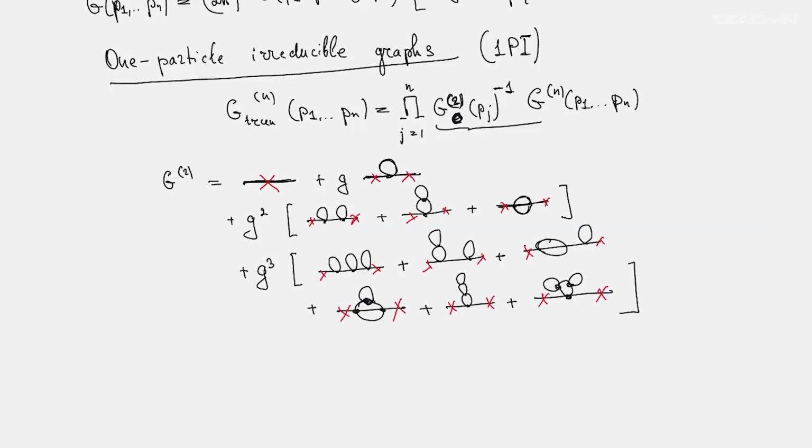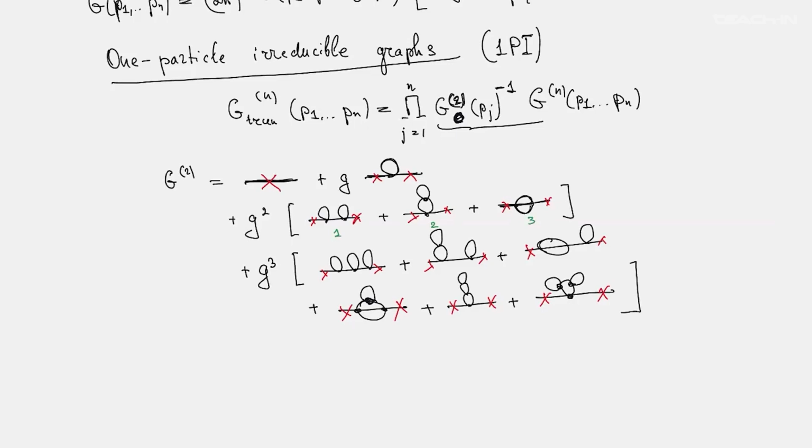But what you see, for instance, is that there is a difference between the first graph and the second and third. In the first graph, I have an internal line, this line here, which I can cut and make my graph disconnected. Then it becomes a sum of 2 disconnected pieces, while I cannot do that with graphs 2 and 3.